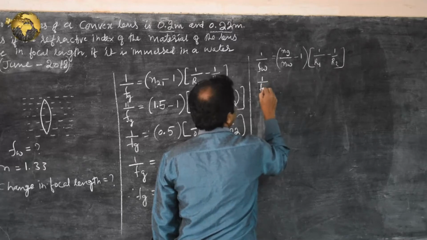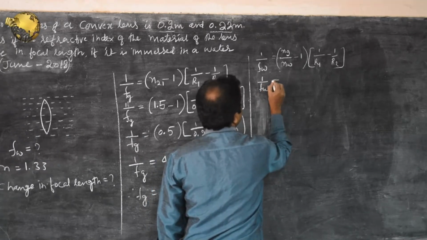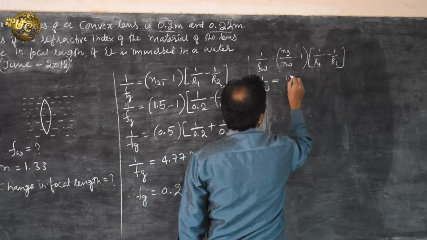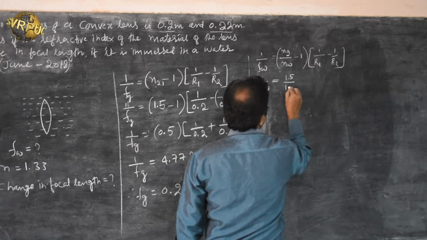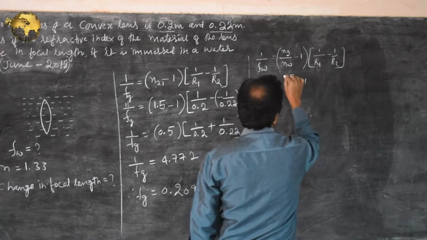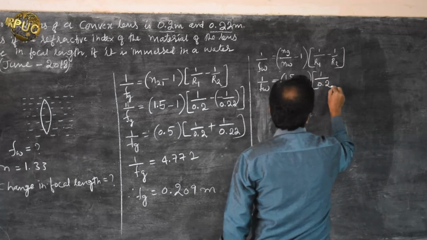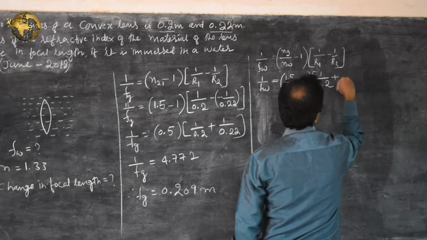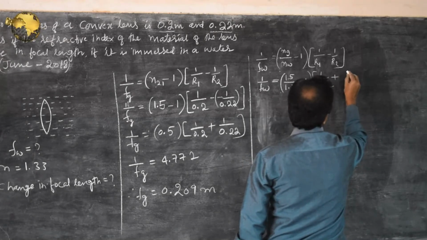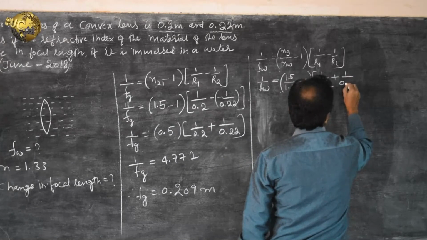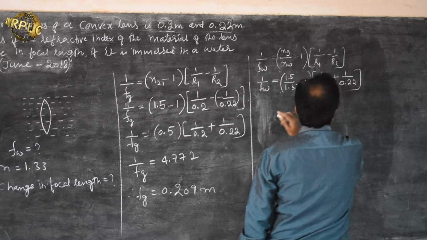So 1 divided by Fw is equal to (1.5 divided by 1.33 minus 1) into (1 by 0.2 plus 1 divided by 0.22, as in the previous case).